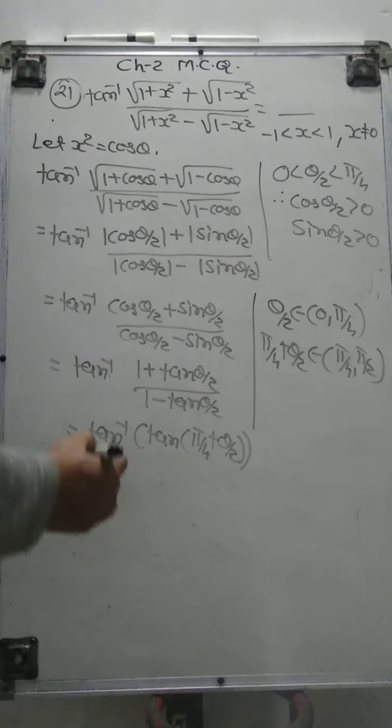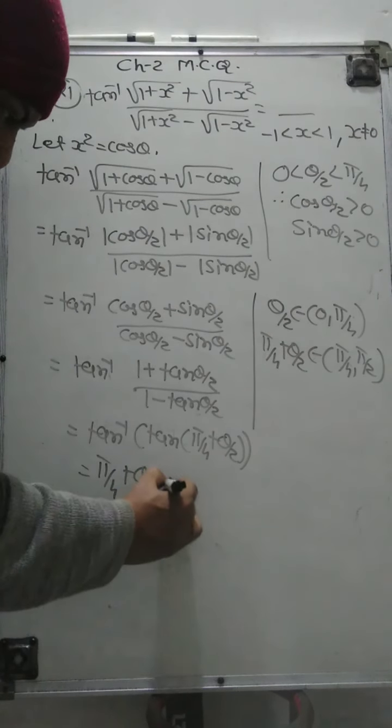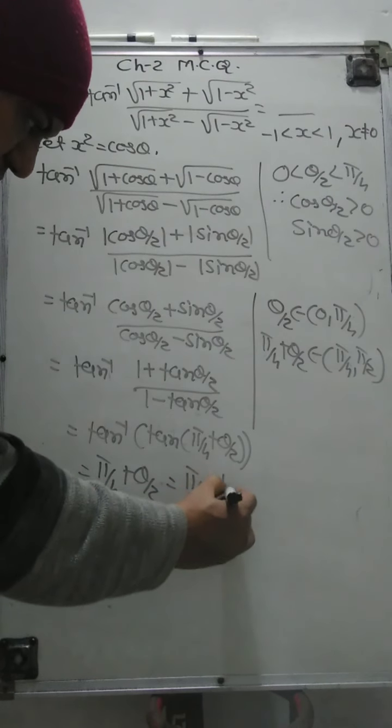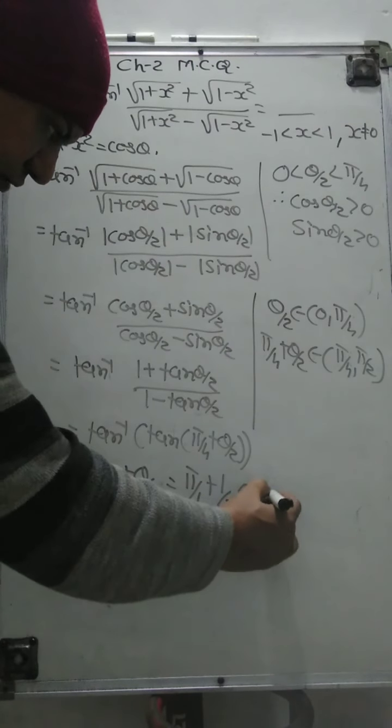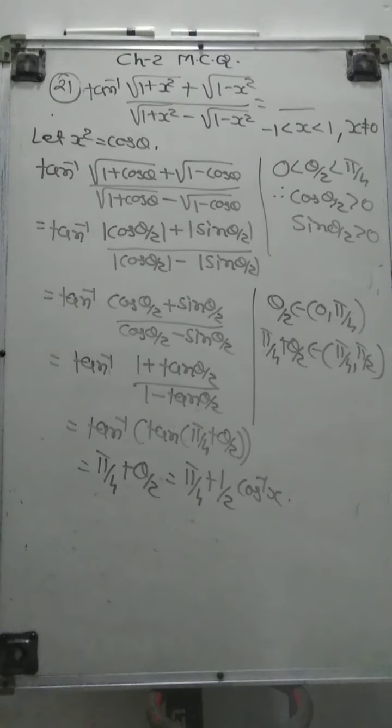Therefore tan is cancelled and pi by 4 plus theta by 2 is obtained, which is pi by 4 plus 1 by 2 cos inverse x. So this way we can obtain this answer, right? So it is quite different, and here what you assume and what conditions are given is very important. Okay, next.